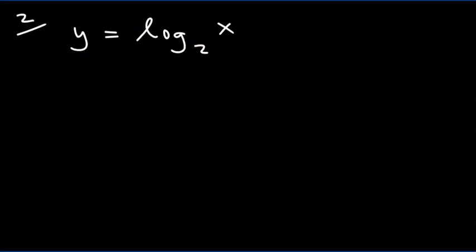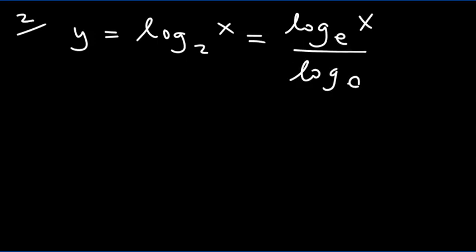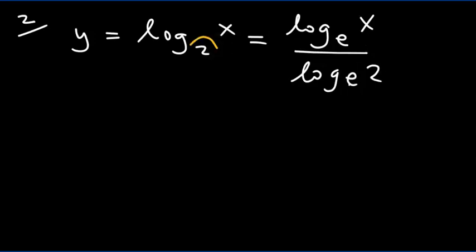What about the following function? Now note, the base is 2, not e. So we have to convert the base to e. How do we do that? According to some laws of logarithm, it is quite simply log of x over log of 2, both to base e. So that's how you change a log of any base, for example 2 in this case, to log with base e, or natural log.